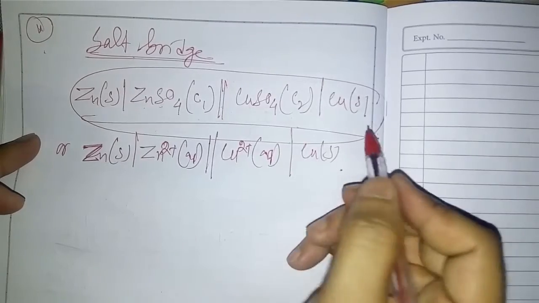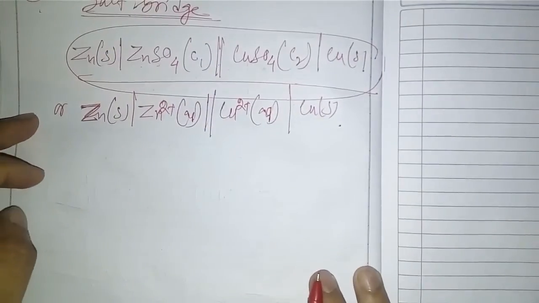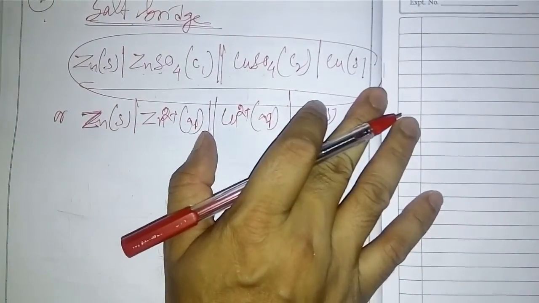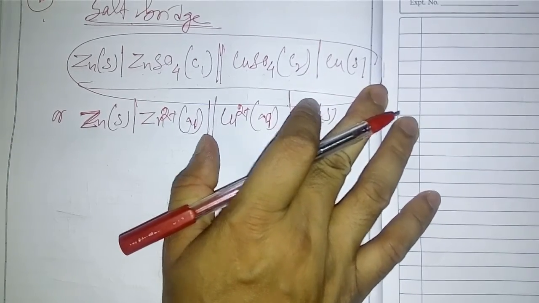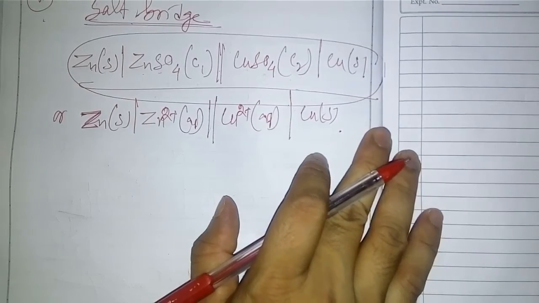You can write like this also. So these are the rules for symbolic representation of galvanic cells, how to symbolize.